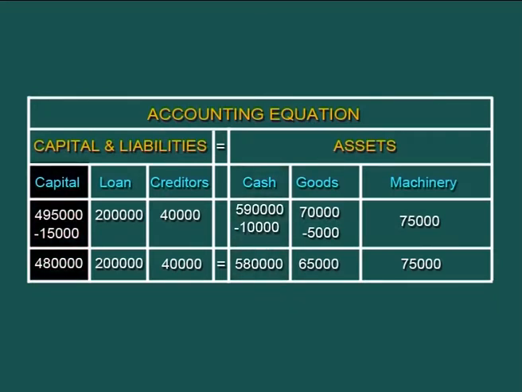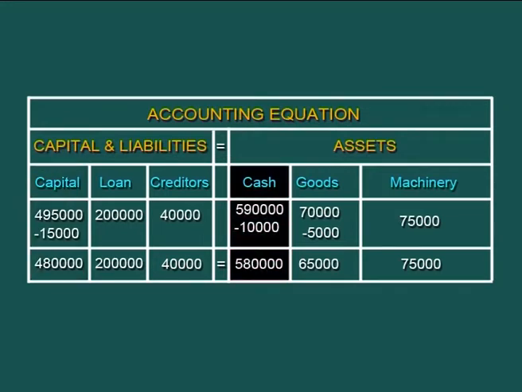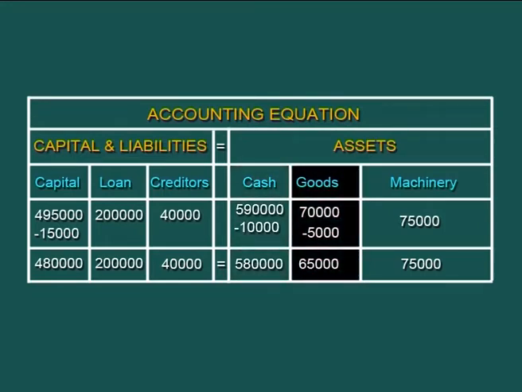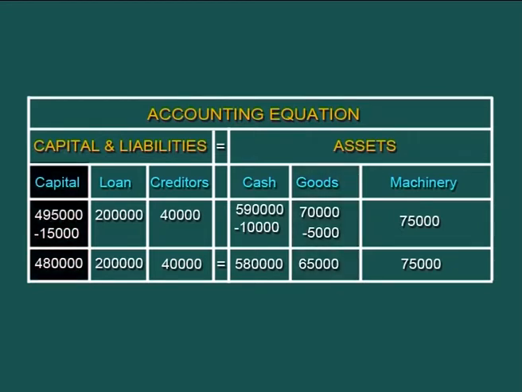So, capital will decrease by 15,000 rupees and cash will decrease by 10,000 rupees and goods will decrease by 5,000 rupees. That means, on the asset side there is a decrease of 15,000 rupees in two assets, that is cash 10,000 and goods 5,000, and on the other side we have a decrease of capital of 15,000 rupees.